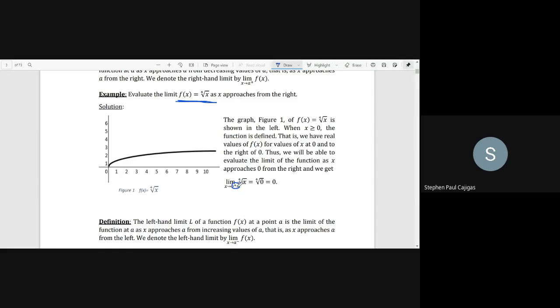Plus means approaching from the right, meaning coming from here. From the left means coming from the left side, from the smaller numbers. So for 0 from the left, the negative numbers are undefined. So there is no limit as x approaches from the left. We only have the limit as x approaches from the right.